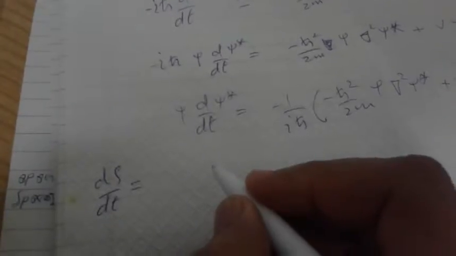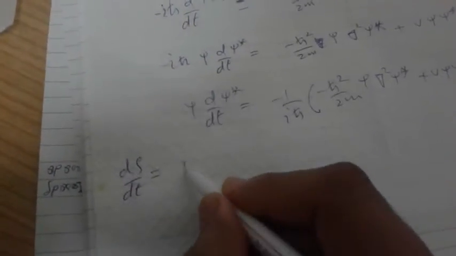Now substituting equation number 6 and equation number 5 into equation number 4, it will become d rho by dt is equal to psi star d psi by dt, as we know from equation number 4.